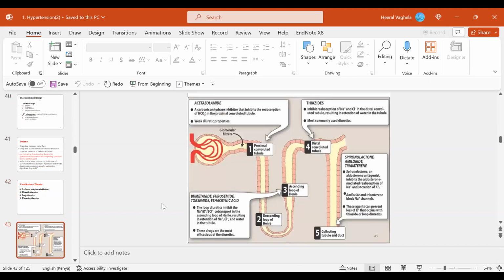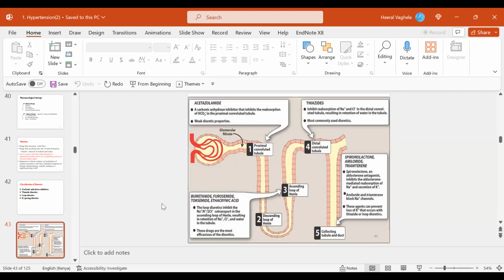Some of the drugs that you can use is acetazolamide, which is a carbonic anhydrase inhibitor and mostly works in the proximal convoluted tubule. The other ones are the loop diuretics, and mostly I think it's furosemide that's used. One thing about the loop diuretics is they're used when the creatinine levels are quite high.